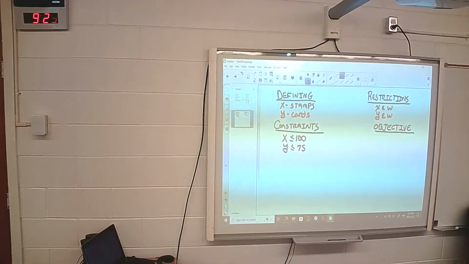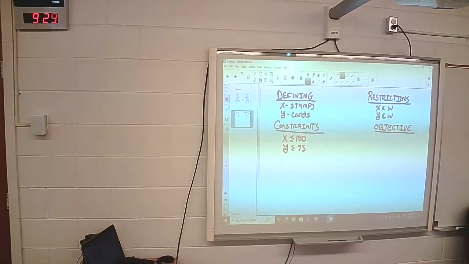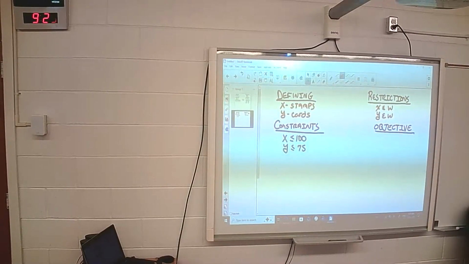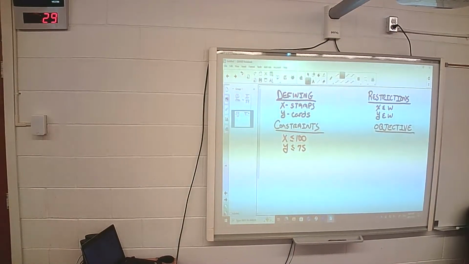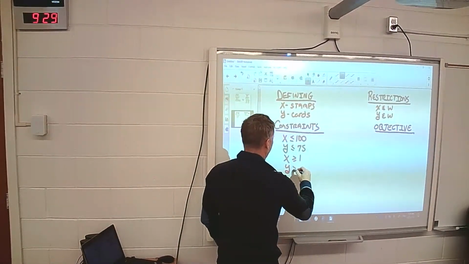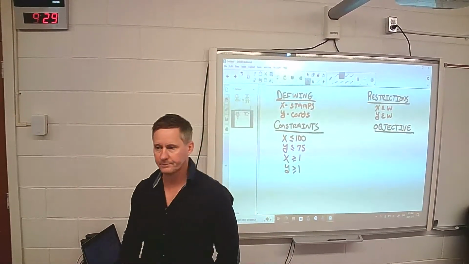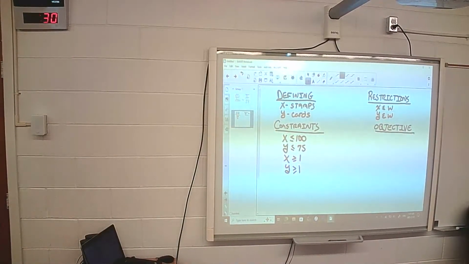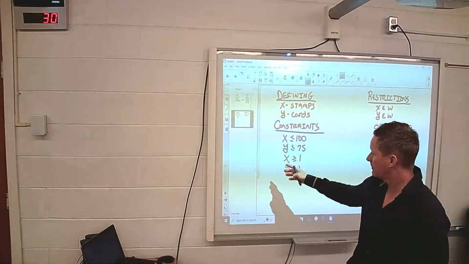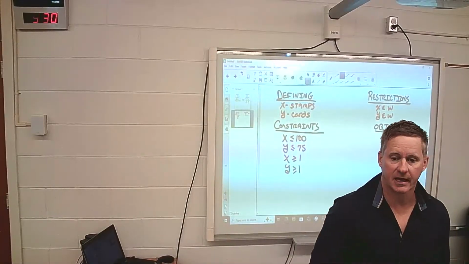But I know what the answer to this question looks like, and they want greater than or equal to 1. The reason for that is the boundary lines matter. So that's the next two that I want you to write up. X is greater than or equal to 1. Y is greater than or equal to 1. All 4 of those are in the first statement, the first line.